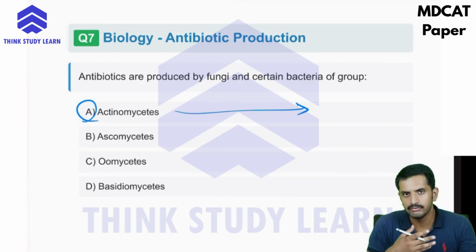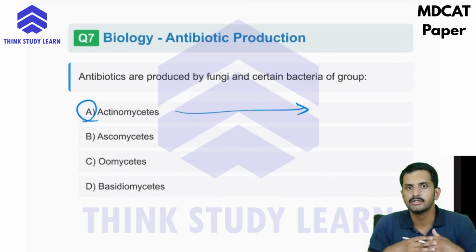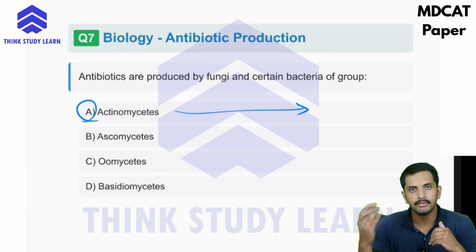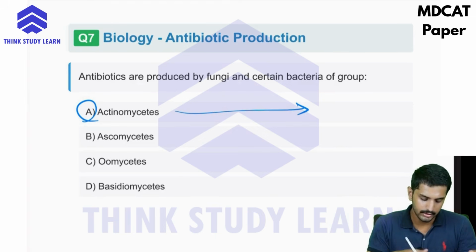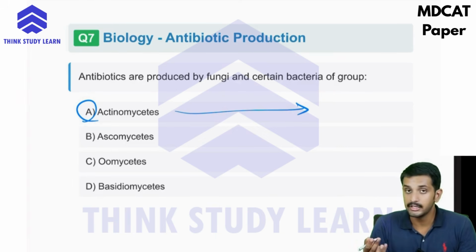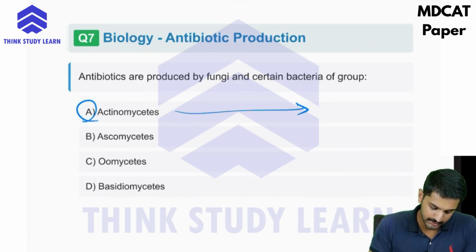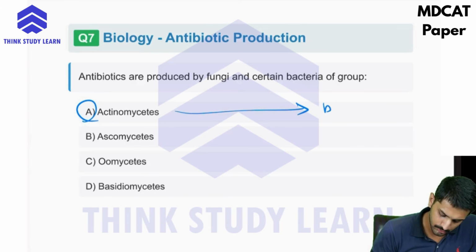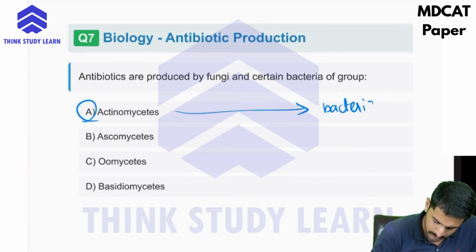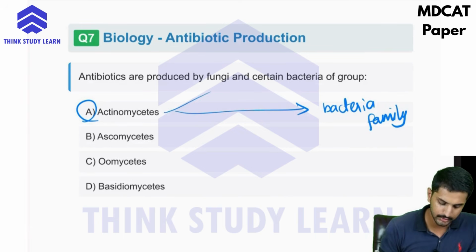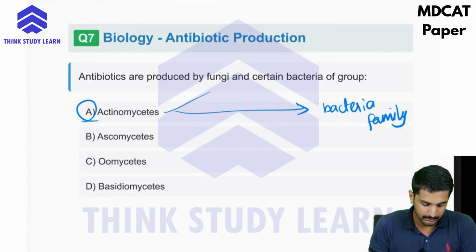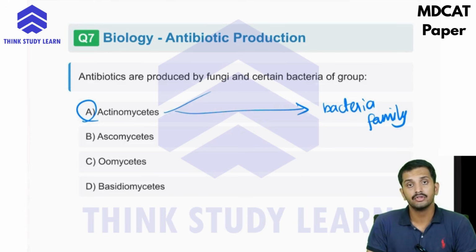Penicillium is obviously fungi, but it's kind of old now, and the modern medicinal use of the modern antibiotics is mostly done by the antibiotics produced by these bacteria. So it's a bacteria family, and this is the one that is used for antibiotic production. Moving on to the next question.